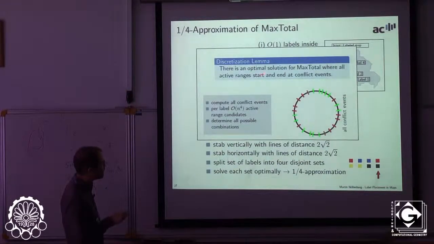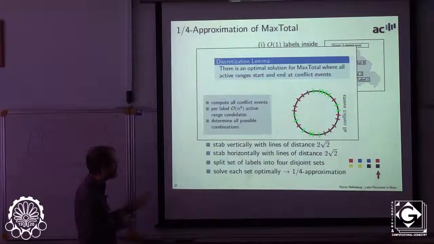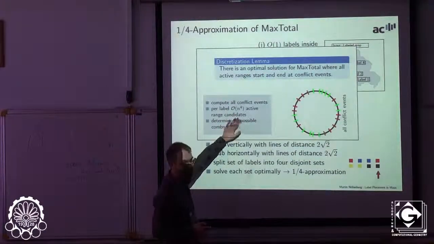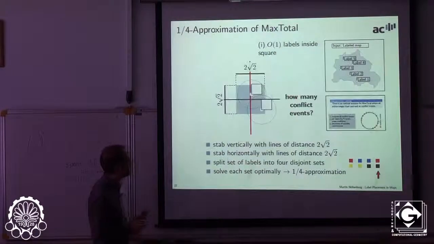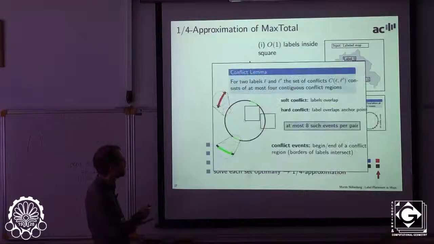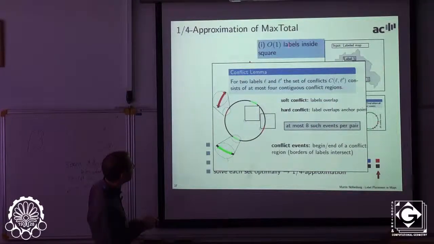So we had this discretization lemma that told us how many possible candidate ranges we have and how many combinations. If we have a constant number of labels inside the square, then of course the number of conflict events that we get is also constant. We know that there are at most 8 per pair, and at most a constant number of labels in each square.